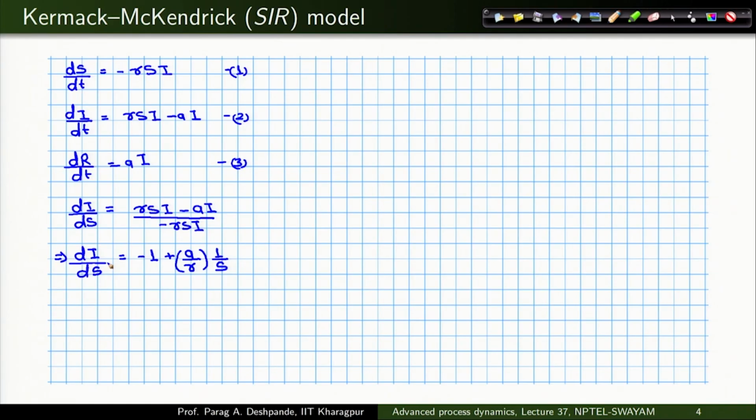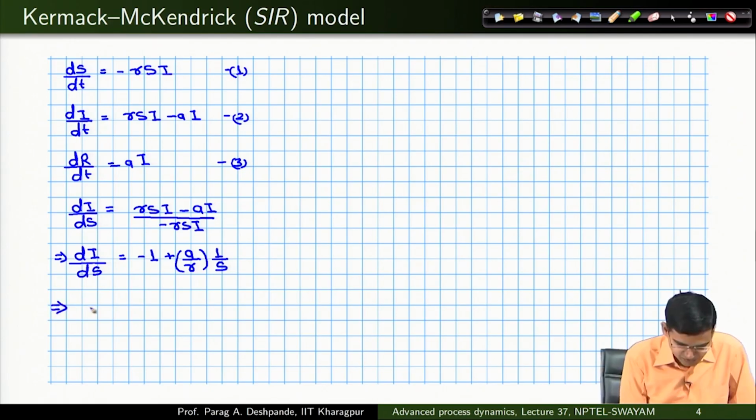This equation would tell me the variation in the number of infectives as a function of the variation in the number of susceptibles, right, which means that for my third order system for which the phase portraits would be in 3 dimensions, I am now considering the SI projection of my system. Okay.